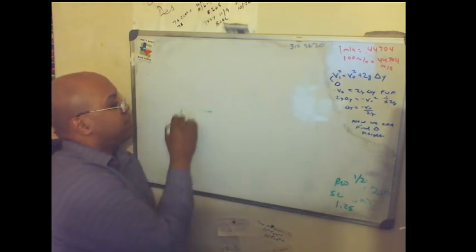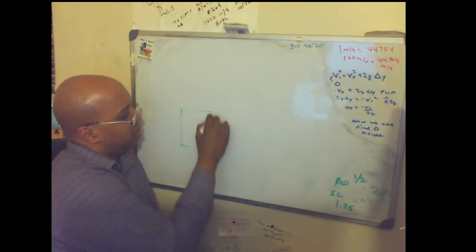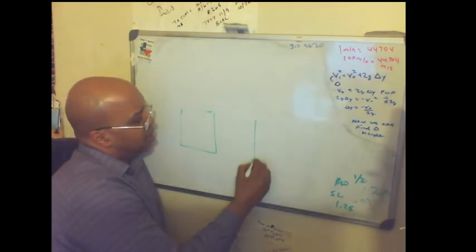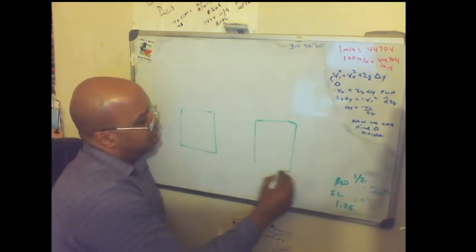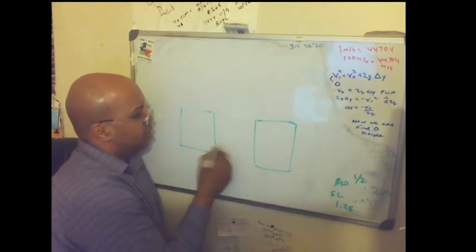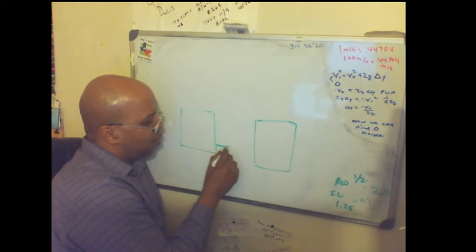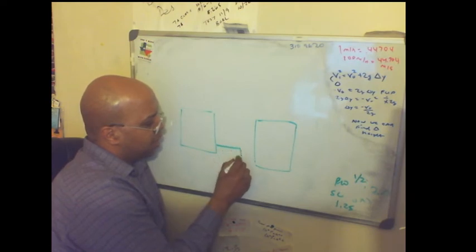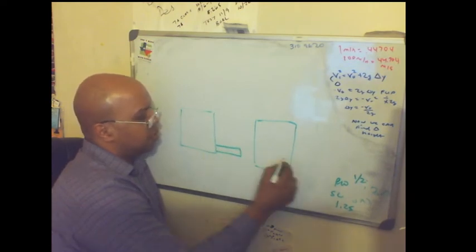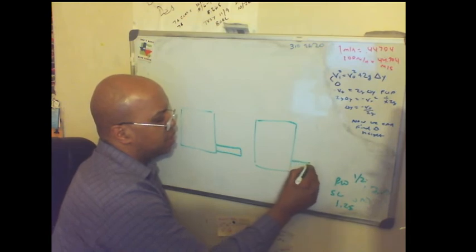So we have 2 identical containers, and I know my drawing's not identical, but the gist of it is that the cross sections of the pipe are the same, but one pipe is longer than the other.